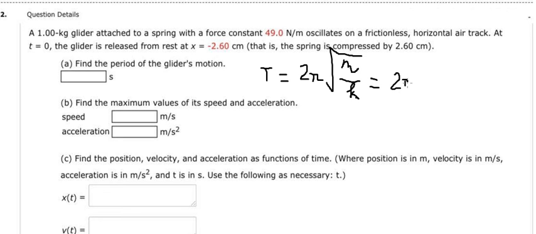So we have 2π multiplied with the square root of the mass, number 1, over 49. So we got about 2π over 7.